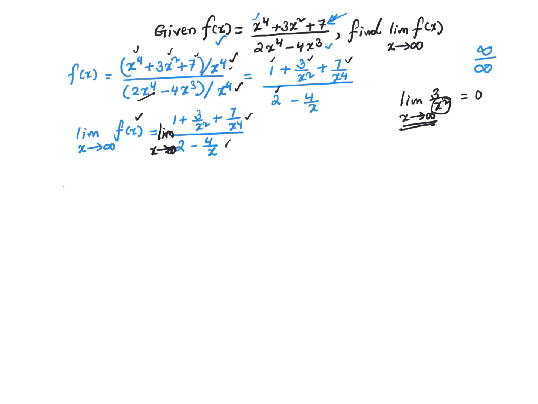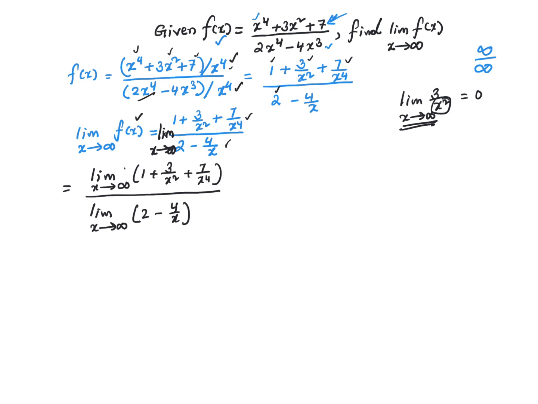Now, using the quotient rule for limits, this can be written as the limit of the numerator, the limit as x approaches infinity of 1 plus 3 over x squared plus 7 over x to the power 4, divided by the limit as x approaches infinity of 2 minus 4 over x. Now applying the sum rule for limits, I can distribute this limit to each of these functions.